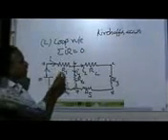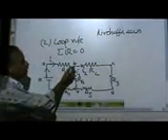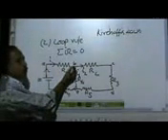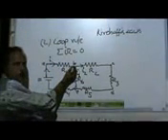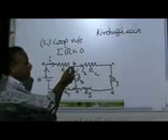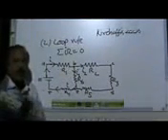Now, coming to the application of the loop rule with the conventions, whenever you pass through a resistance in the direction of current flow through that, then the potential difference across the resistance must be written with a minus sign.